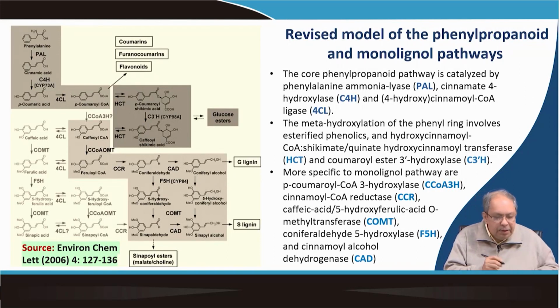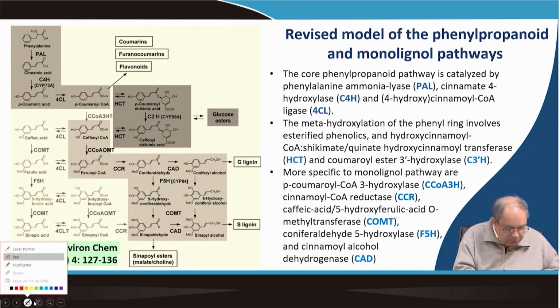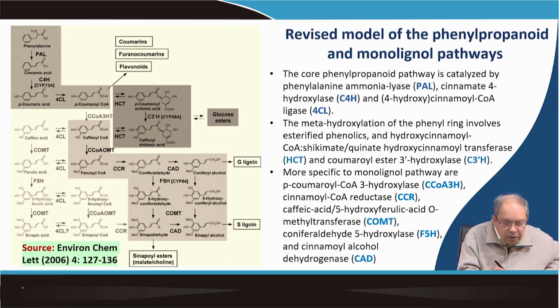So, what I have said, just briefly go through it so that it will settle in your mind. So, coumaric acid, coumaroyl CoA, from there it moves to p-coumaroyl shikimate, to caffeoyl shikimate, and then it comes back to caffeic acid.